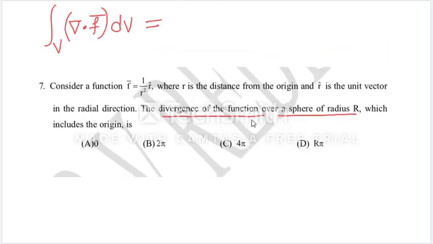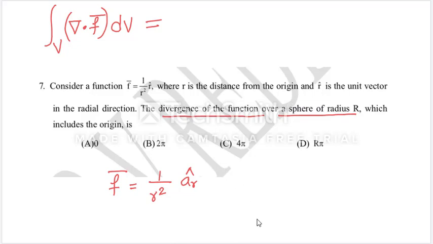Similarly, over a sphere of radius R, we should do this volume integration. This is what we need to get. First of all, what is F? F is given as 1 by r square into e_r cap.